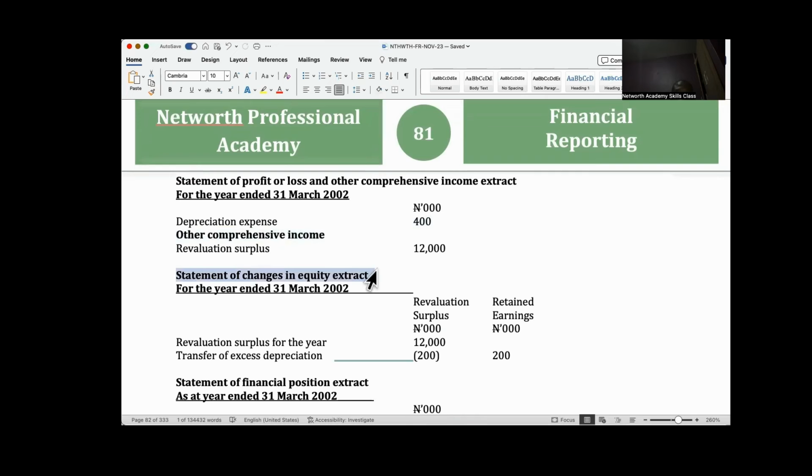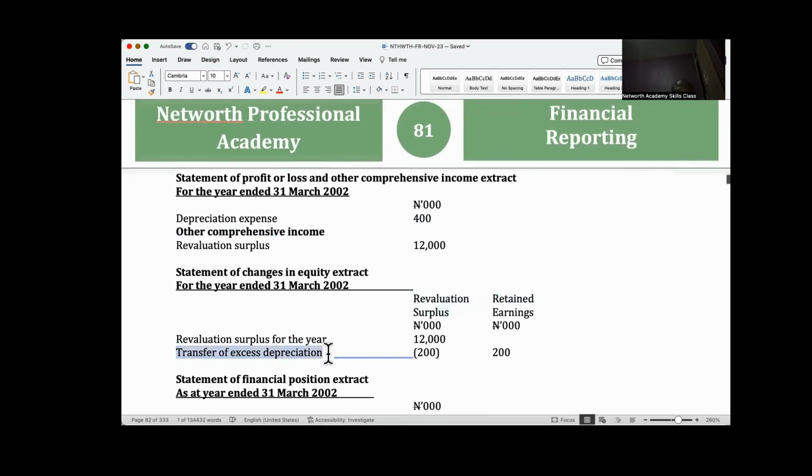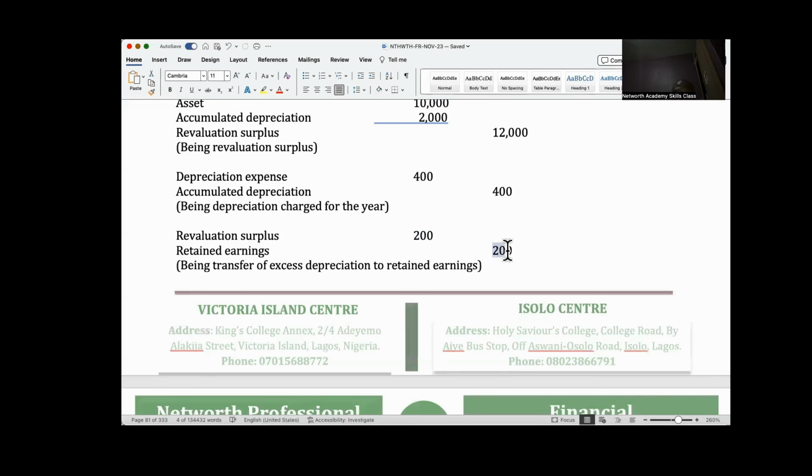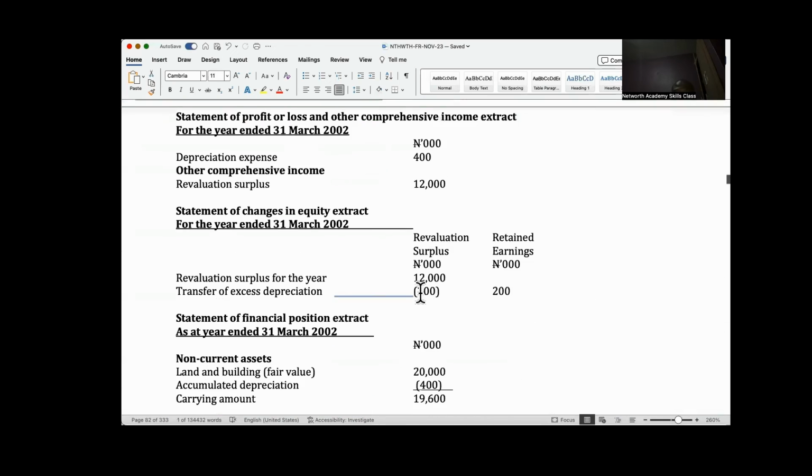In my extract of statement of changes in equity, my evaluation surplus and my retained earnings are the major relevant items that go to equity. My evaluation surplus for the year was 12,000. Since this company usually transfers excess depreciation, we have already said that we debit evaluation surplus and credit retained earnings. And that is why we are removing that 200 from evaluation surplus here, and adding it to retained earnings here.